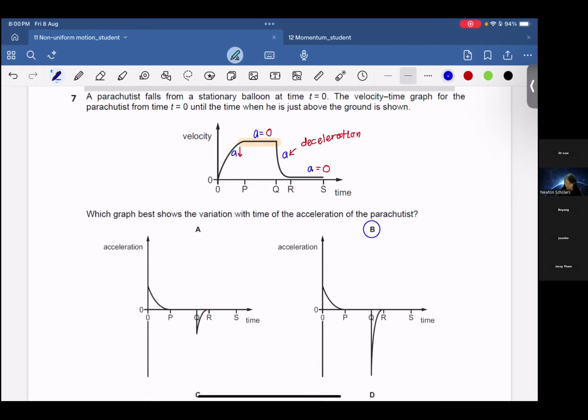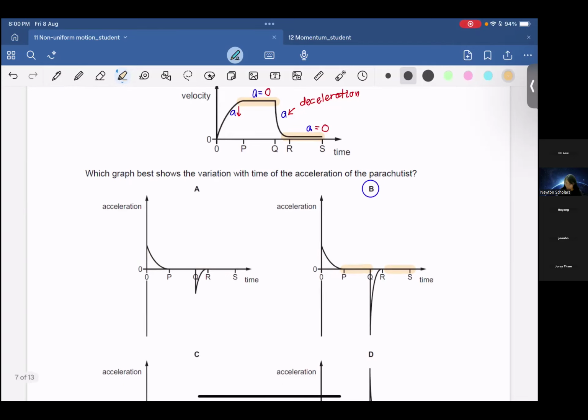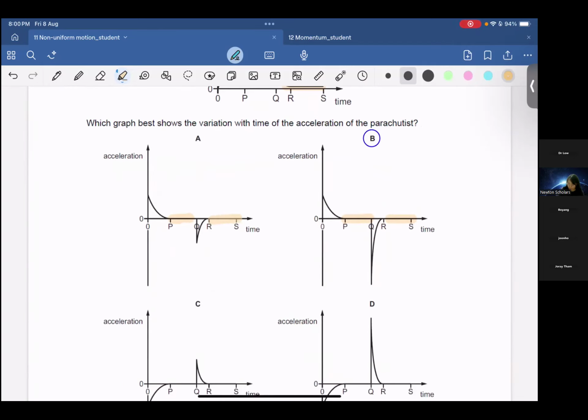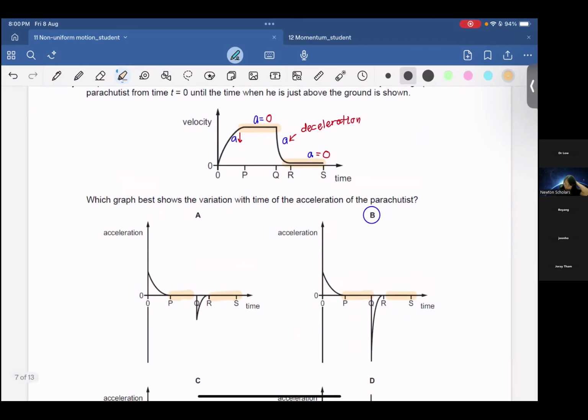Boys and girls, the answer will be B. Okay, let me highlight the terminal velocity. When a equals 0, from P to Q and from R to S is correct. This one here is also correct. Then here is acceleration, but decreasing to 0.